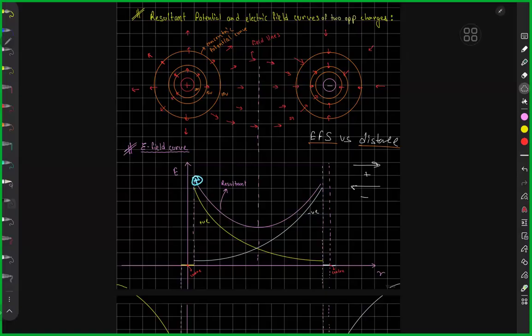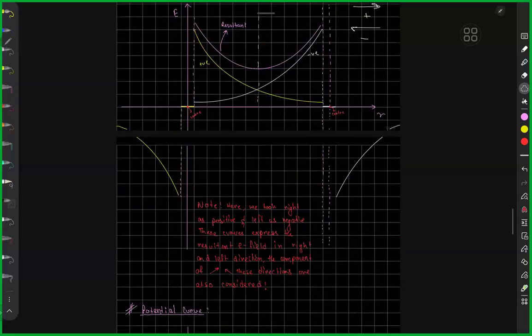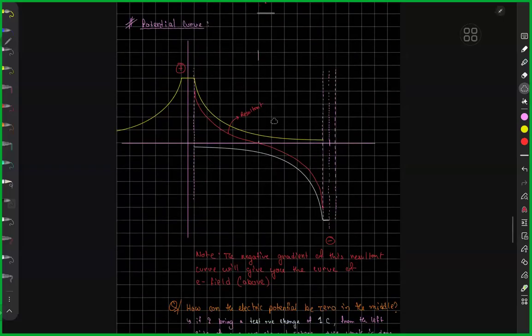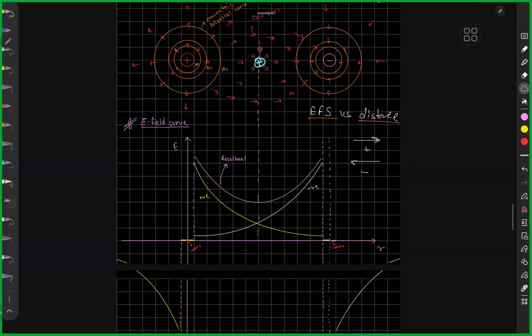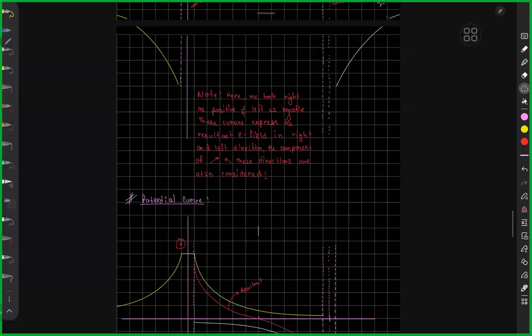So what happens if I have a positive charge situated over here? It will go and settle somewhere over here. If I have a positive charge right in the middle, it just stays stationary over here. I will prove this to you again when I go to the potential curve.